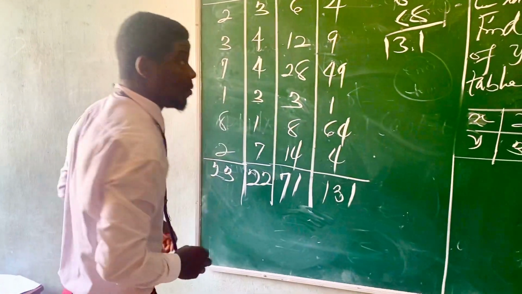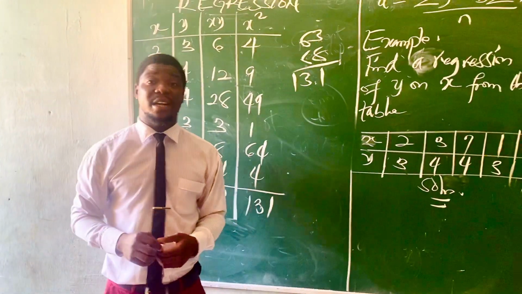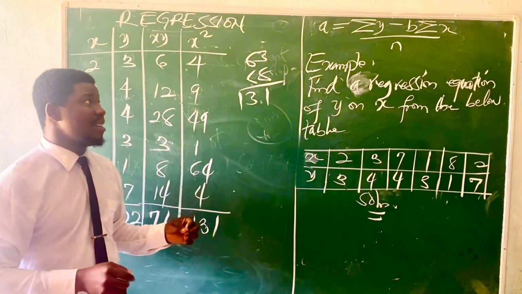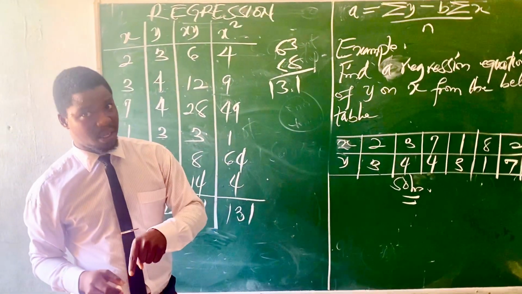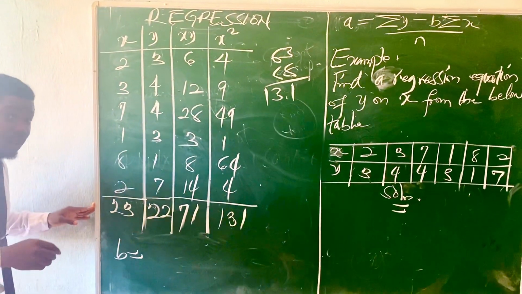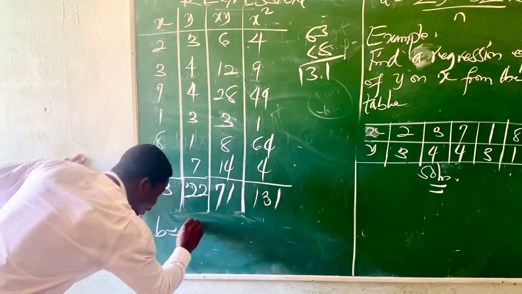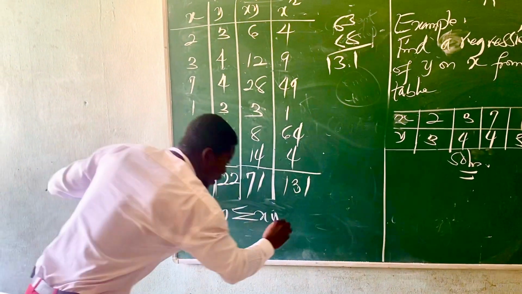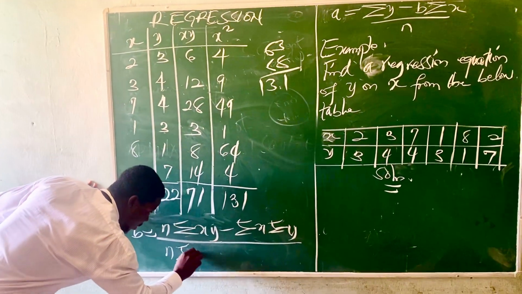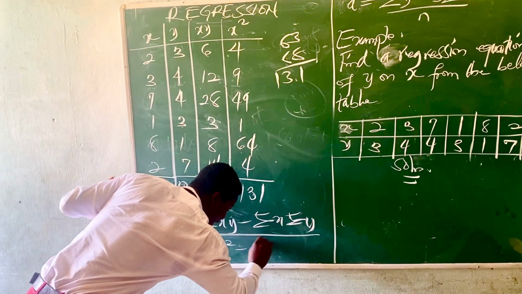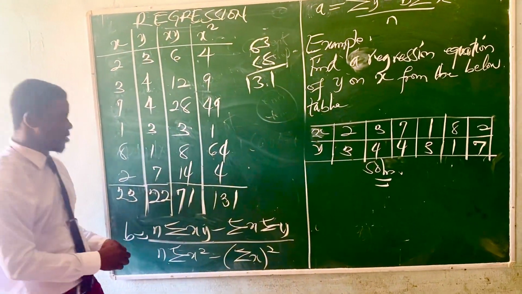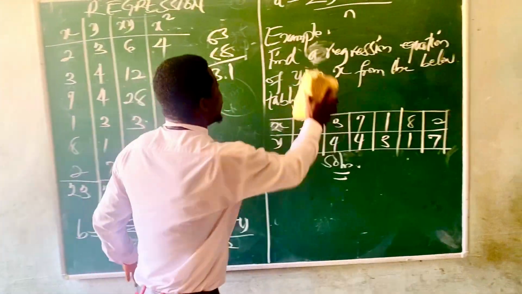So I told you before now that, of course, for you to get a regression equation, you need two values, which are the A and the B. And I said you can only calculate the A when you know the B. So you first of all go for B. And I said the formula for obtaining B for a regression equation is n summation xy minus summation x summation y all over n summation x squared minus open bracket summation x all squared. So you have this. So with this, you can obtain the value of B. So let's see.